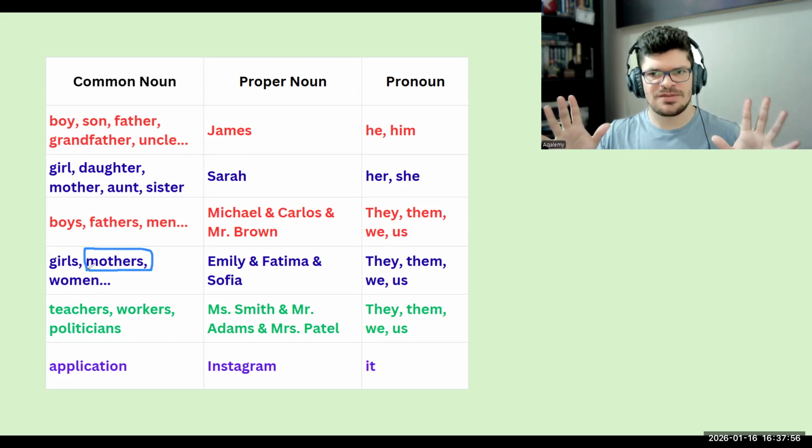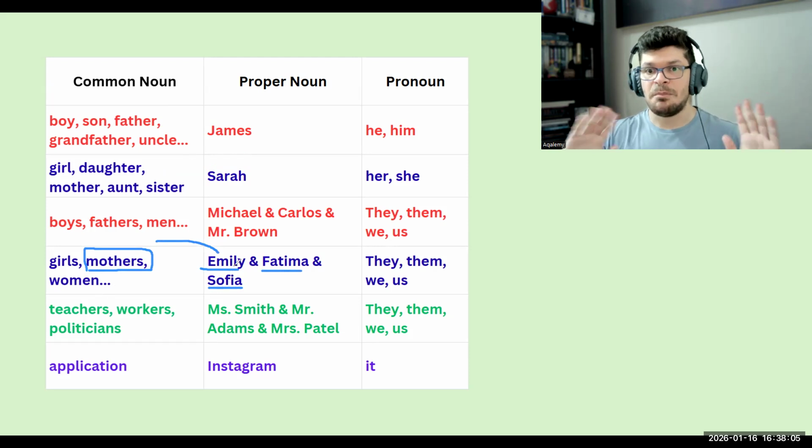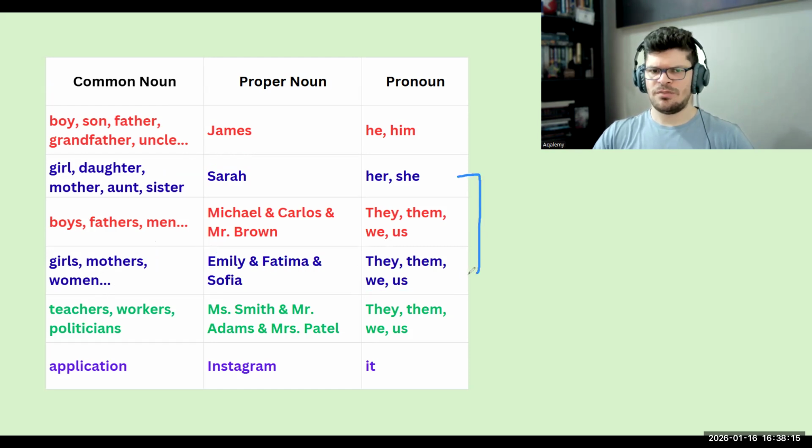What are the options for mothers? Which one? Emily, Fatima, Sophia. They tell us mothers. Maybe you don't know name. You will say they, them, we, us. Okay. It's same. Only situation is gender, male and female.